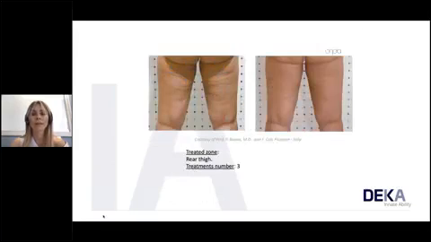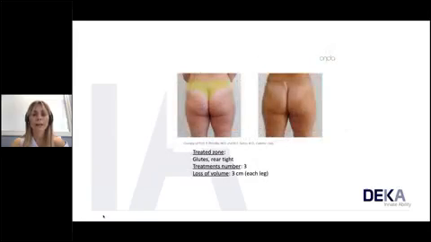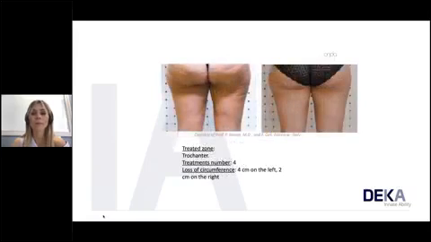Again, you can see the good results even after 3 treatments. And again, a loss of circumference after 3 treatment sessions. Loss of circumference of 4 centimeters on the left and 2 centimeters on the right after 4 treatment sessions.